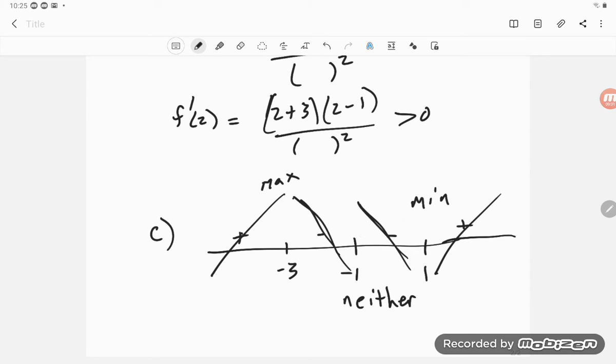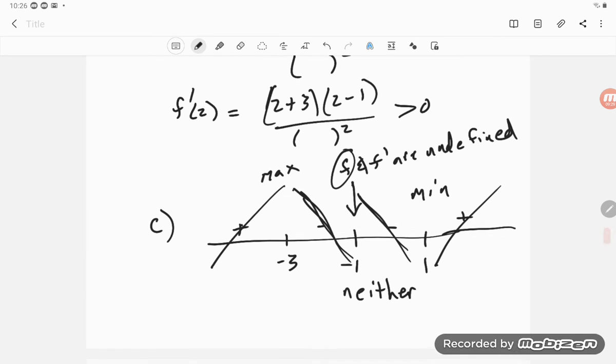But more importantly, remember here f and f prime are undefined. So even if this had been decreasing and then the next one increasing, I would not have had a relative max or min, because the function itself is just undefined.